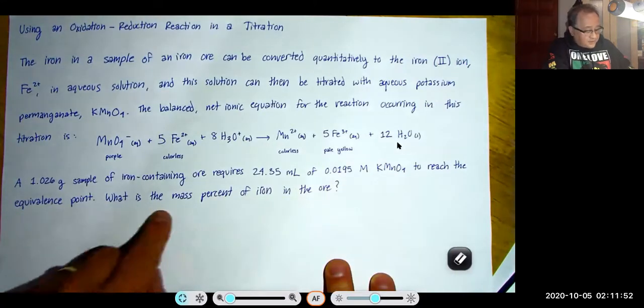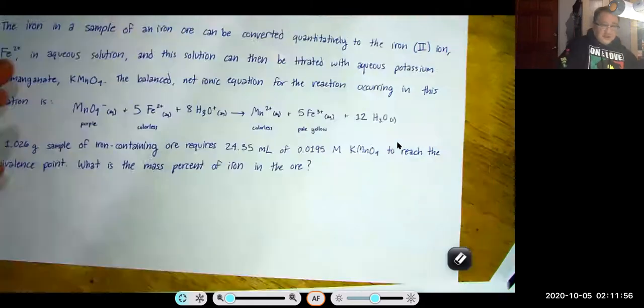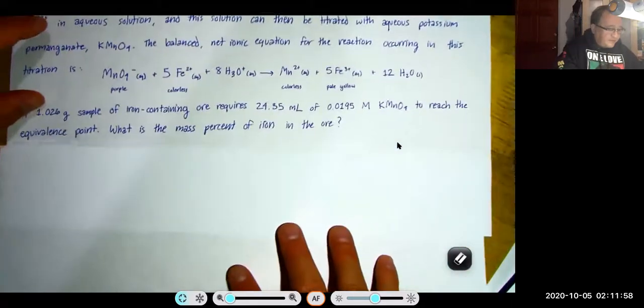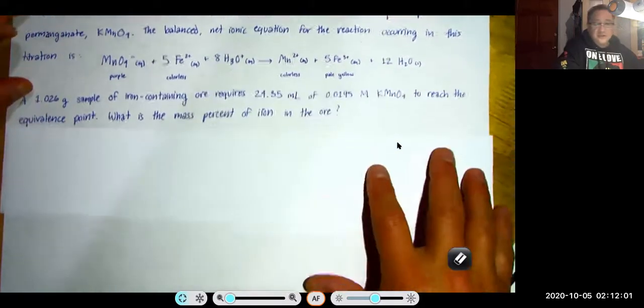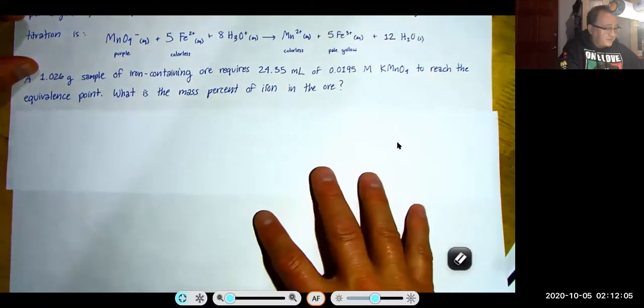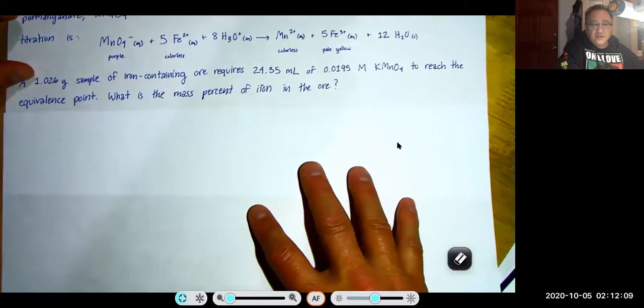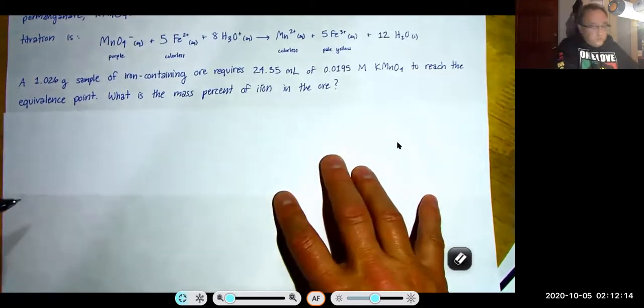What is the mass percent iron in this ore? So if we look at what we have down here at the bottom, we can shove most of this up here and focus just on the reaction and the numbers that were given here. You can see that the question really here is, what is the mass percent iron in the ore?